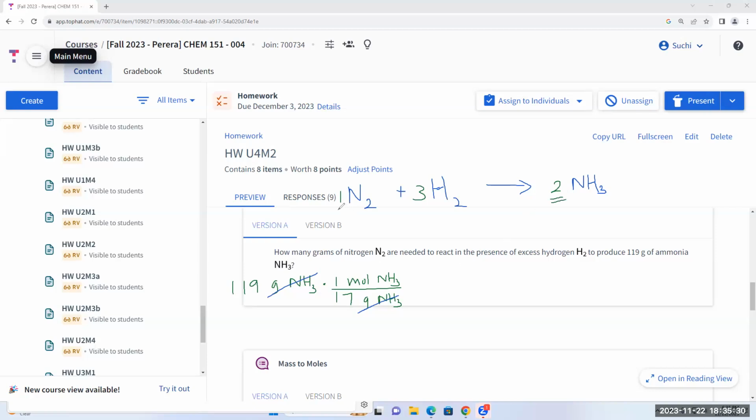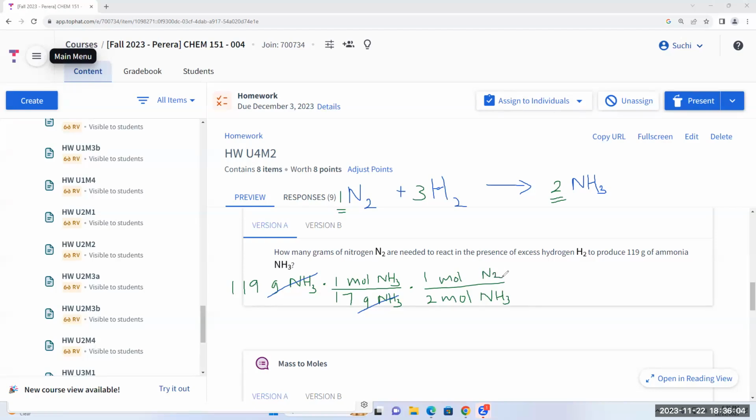We are going to be using the relationship between nitrogen and NH3, because we want to go to nitrogen now. So we're going to write the number in front of NH3 in the denominator. To get 2 moles of NH3, we need 1 mole of nitrogen, based on the balanced chemical equation.